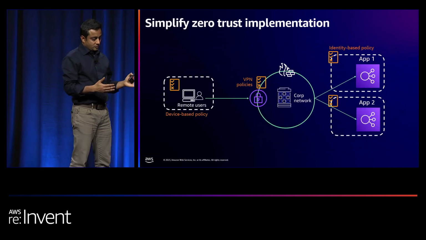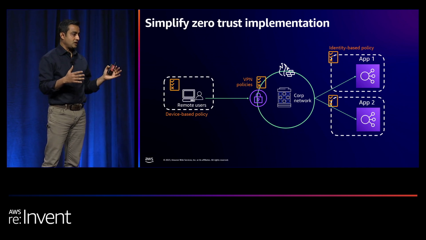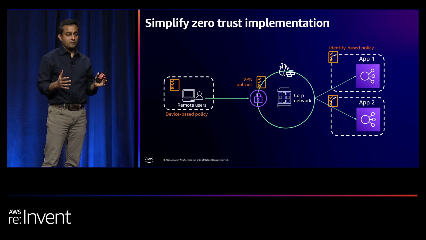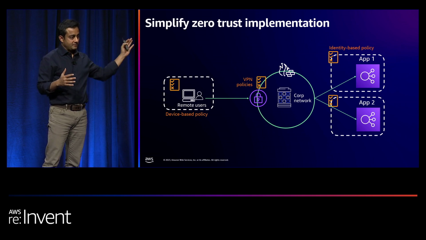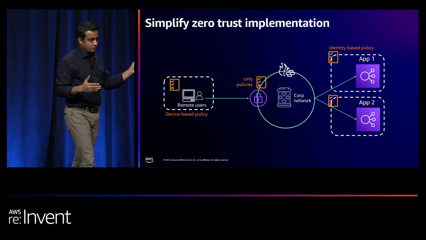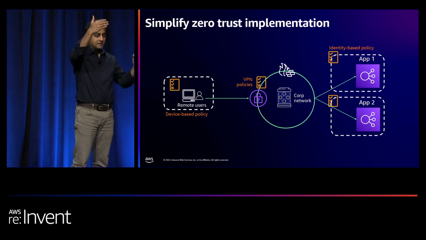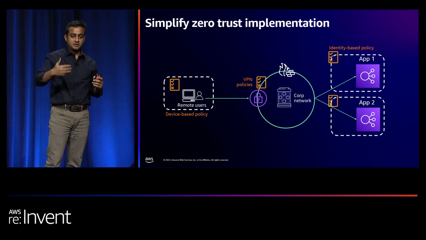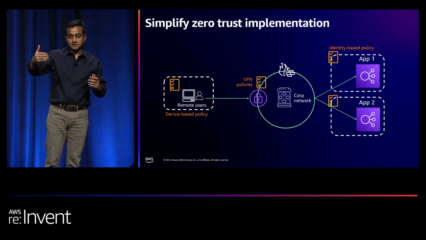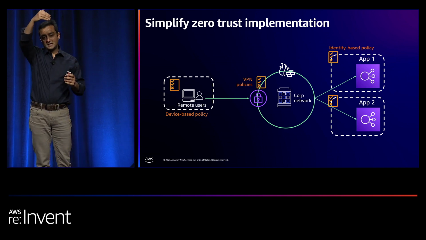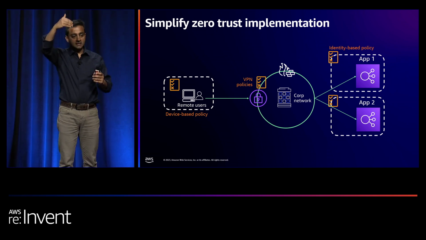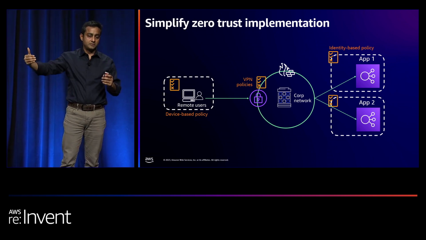So zero trust is nothing new. Our customers have been implementing it for a while, but it can get complicated and cumbersome. And Verified Access solves that. So if you look, you have applications, these HTTP applications, hundreds and thousands of them. Your developers are building them. These developers are integrating with your identity team, with your identity service, and then writing policy on who can sign on to this application.